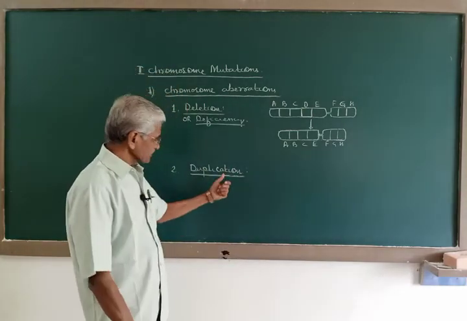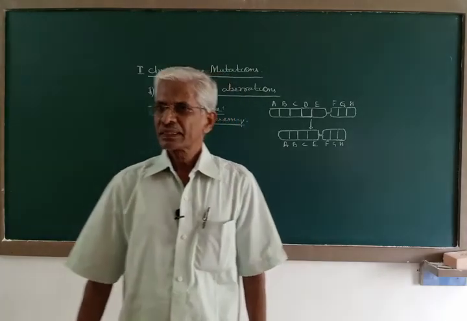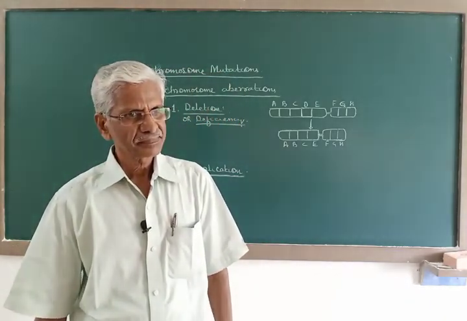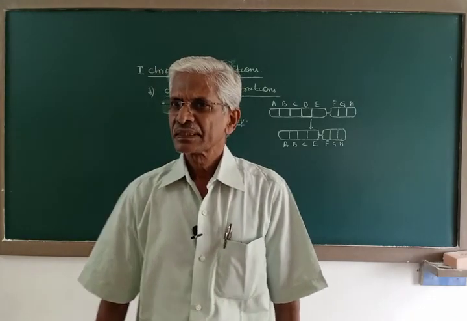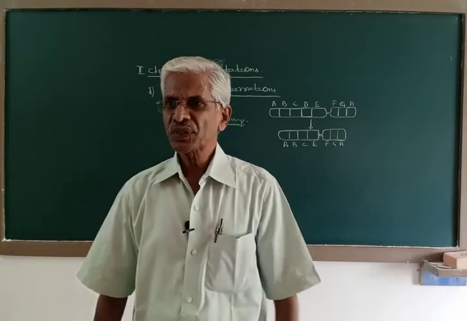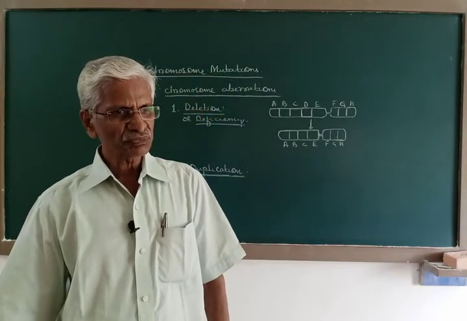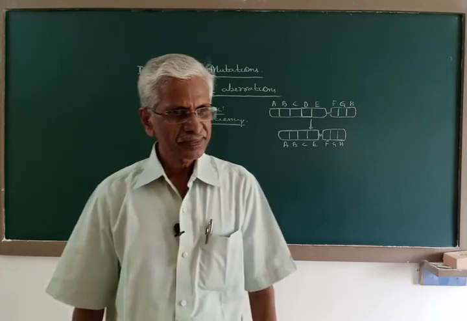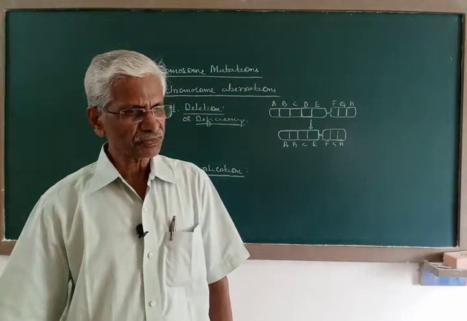Now, in this type of aberration, a segment with few genes separates and joins the other chromosome which forms its homologue in a pair of homologous chromosomes.